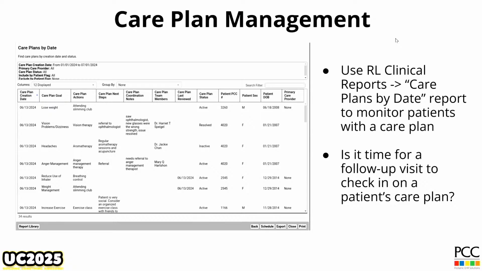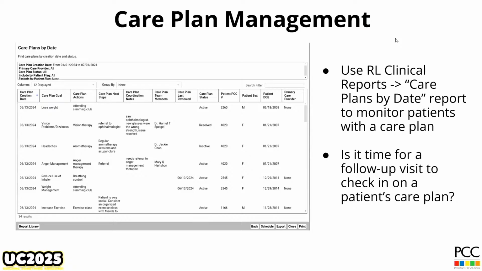But if you wanted to identify those patients on a care plan and also get a summary of what their goals are, what their next steps are, what you've documented in there, when it was last reviewed, maybe you need to follow up with these patients.